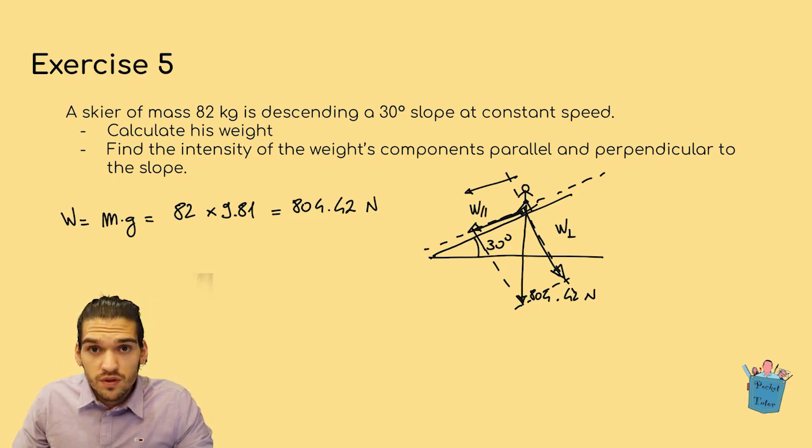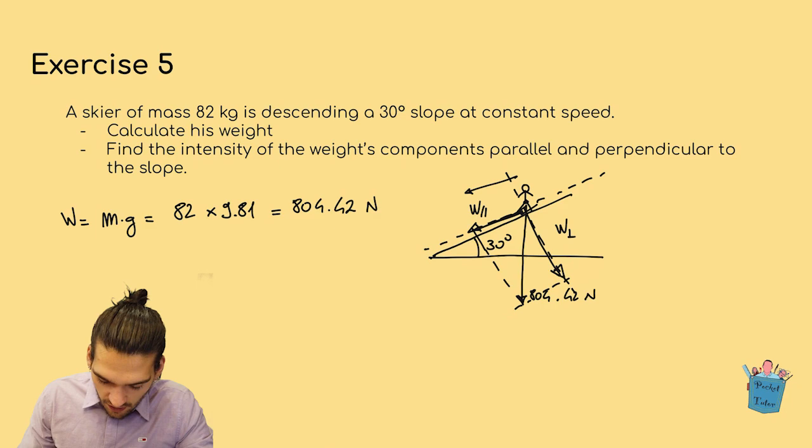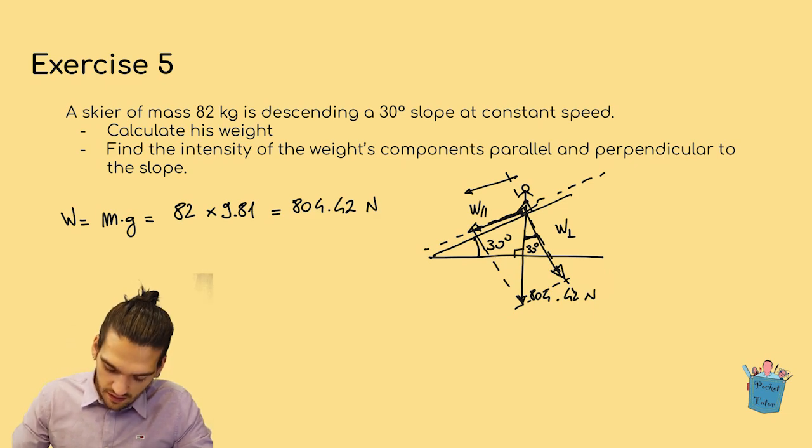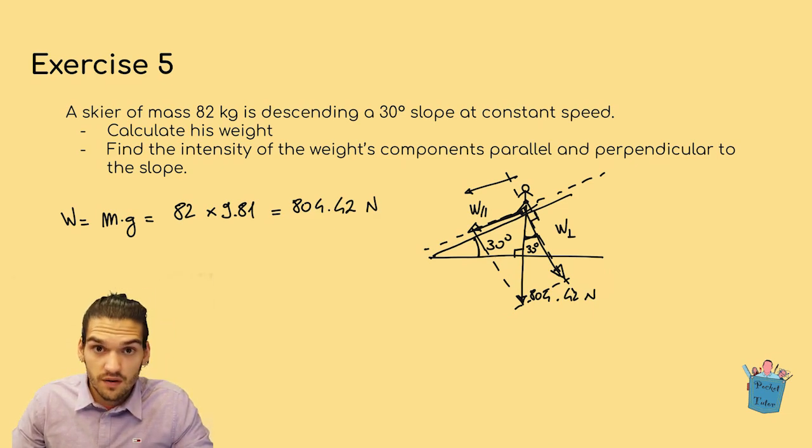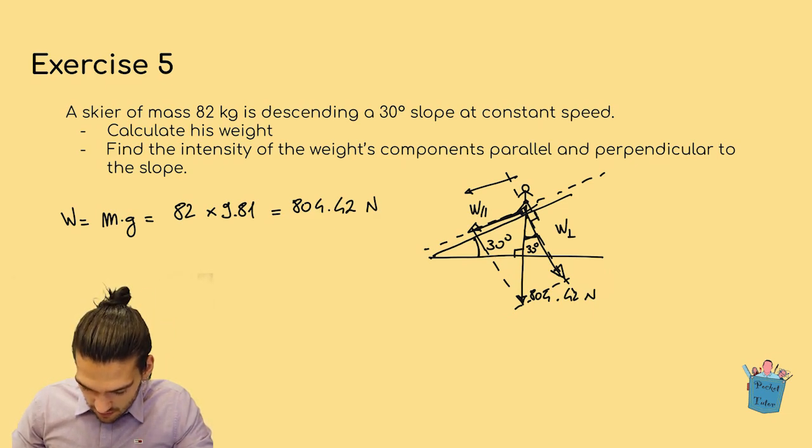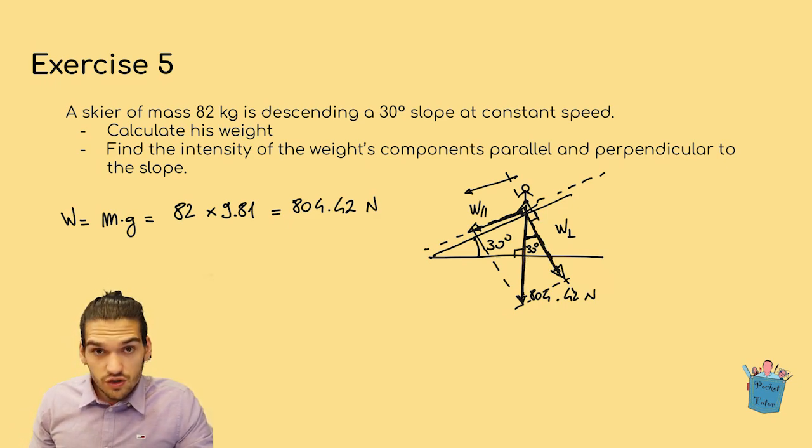And how can we compute them? Well, we know that this angle here is 30 degrees. This means that this one will also be 30 degrees. This is because this angle here is perpendicular and this one here is perpendicular. So this line and this line have the same angle that the two perpendicular lines form, which is this one.